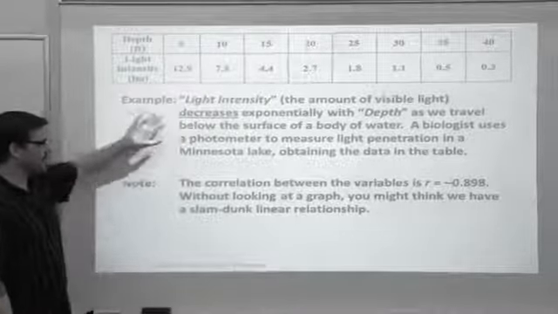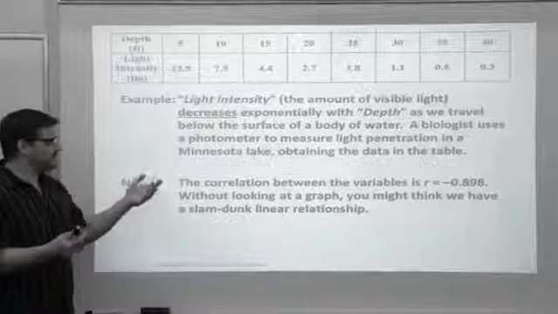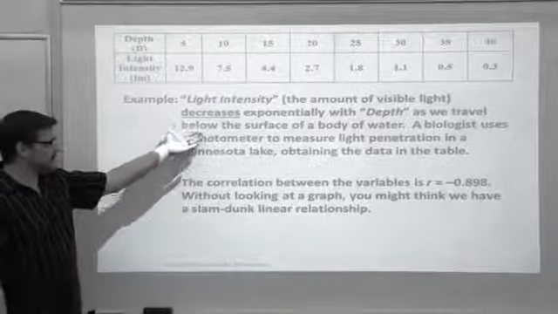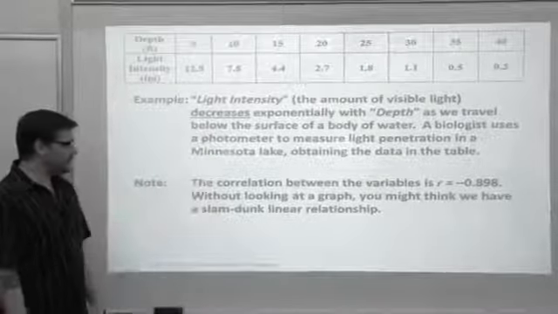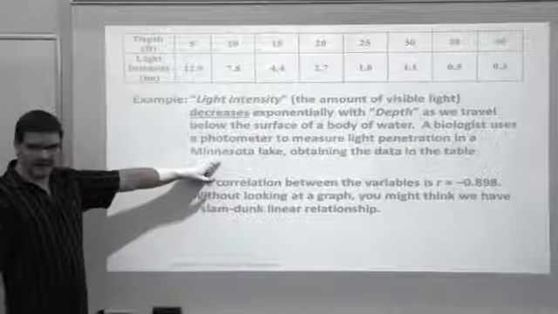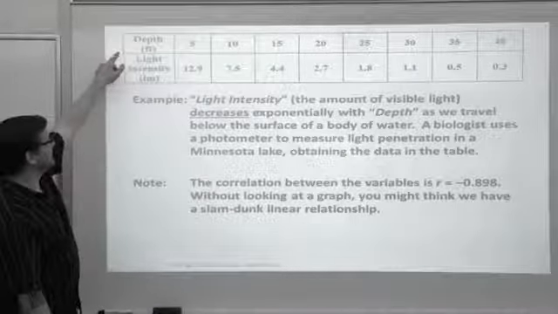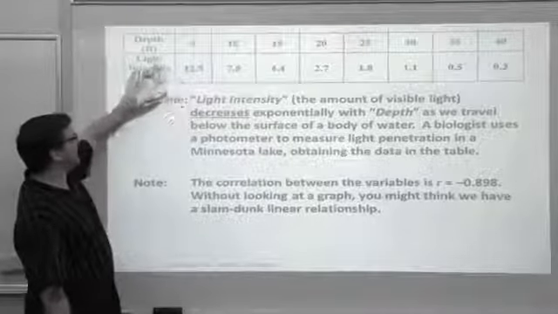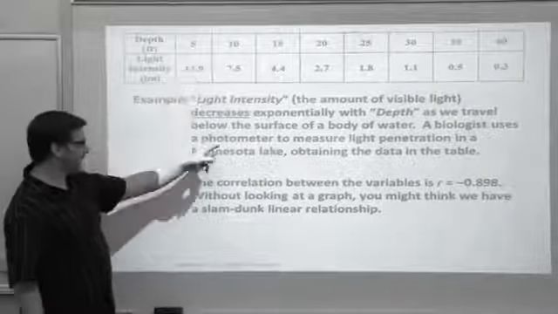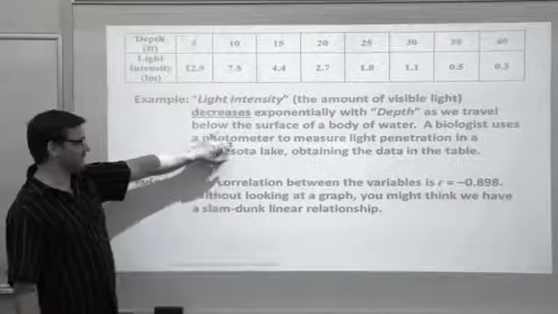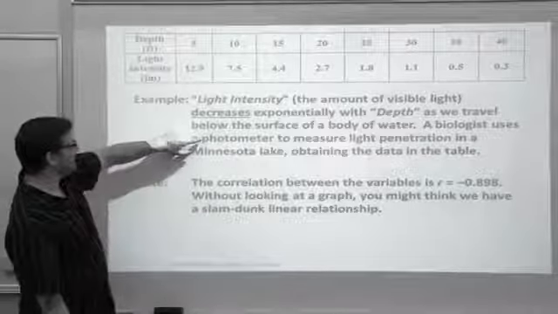Light intensity example. The amount of visible light decreases exponentially with depth as we travel below the surface of a body of water. So for this example, we're up in some lake in Minnesota, and we're taking a measurement. I go down 5 feet below the surface and take a measurement with my photometer. This measures how much light is coming down into the water.